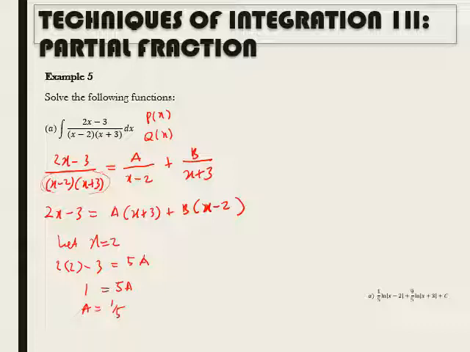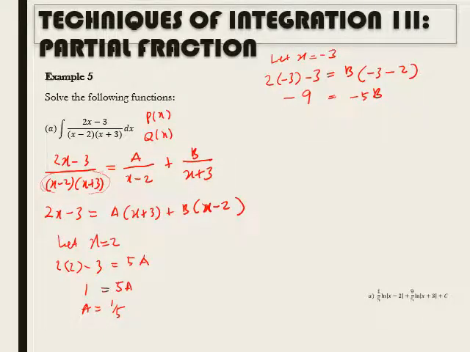How about B? To get B, we let x equal negative 3, so that it will be 0 here. So 2 times negative 3 minus 3 equals B times (negative 3 minus 2). It will be negative 5B here, and this one will be negative 9, right? So B equals 9 over 5.